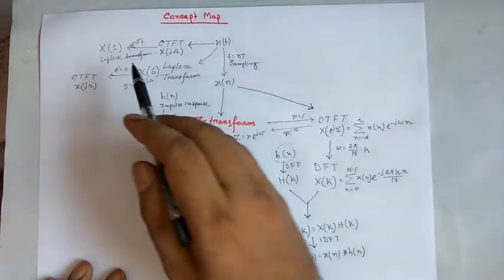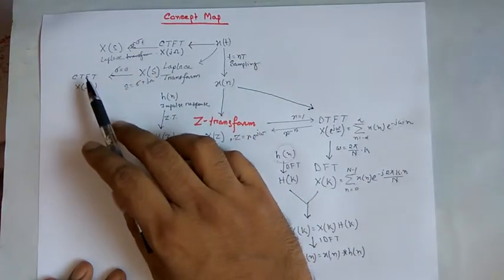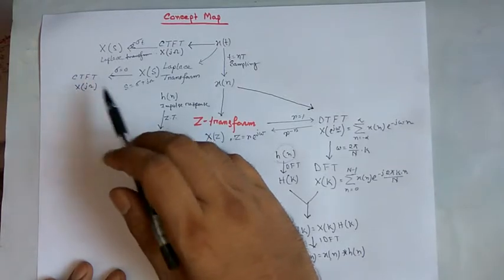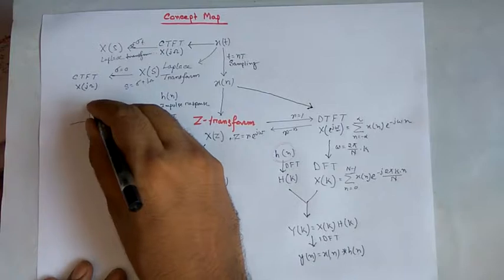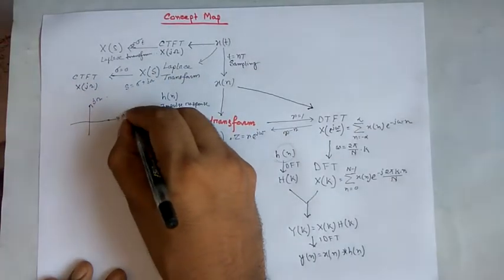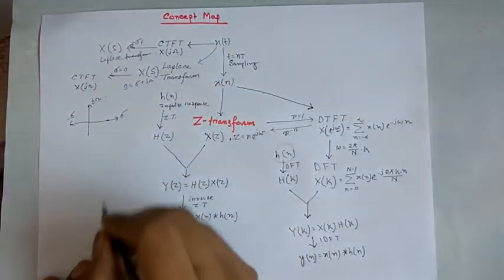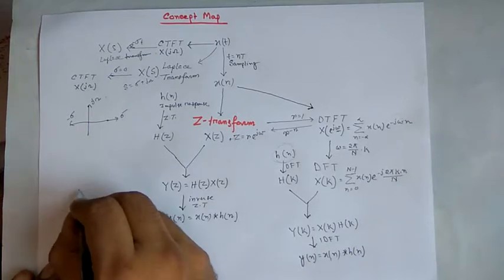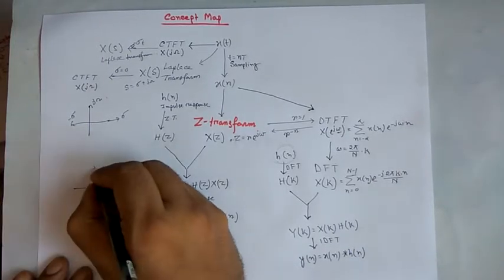So Laplace transform is a generalization of CTFT. That means in case of CTFT we are limited to the j omega axis, but in case of Laplace transform we can go to sigma and minus sigma. It is quite similar for Z transform, which is the generalization of DTFT.